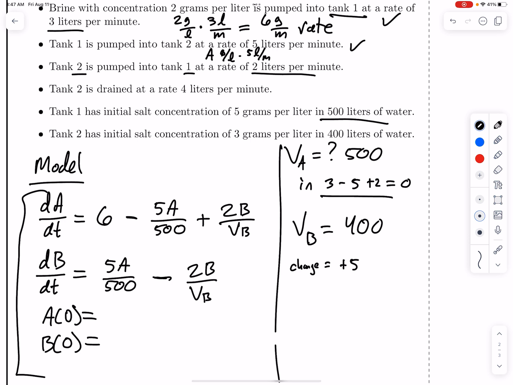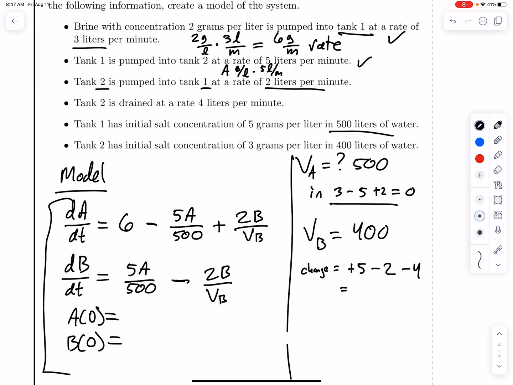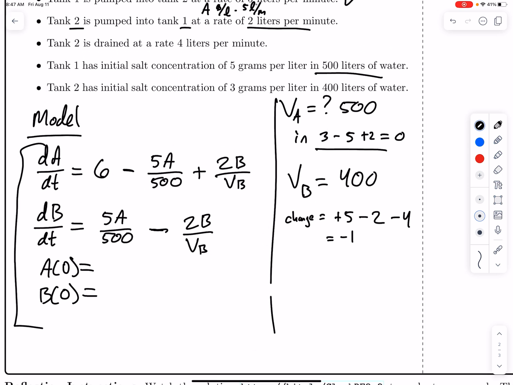It's 5 liters coming in from tank 1 to tank 2, 2 liters coming out from tank 2 into tank 1, and then 4 liters right here coming out per minute. So what does that add up to? A change of negative 1 liter per minute.